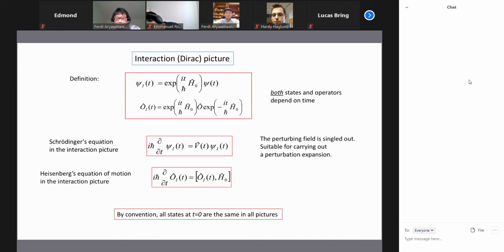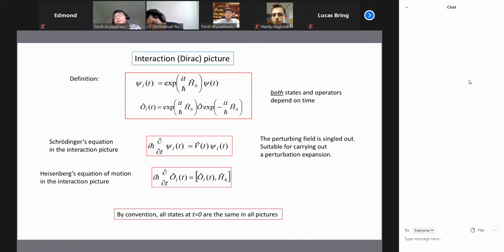So when we have a time-dependent potential, it is usually useful to work in what is called the interaction picture. It's kind of convenient to work in this interaction picture, or sometimes called the Dirac picture, because it was introduced, I think, by Dirac. And we'll see why this is the case. And this is particularly useful when we want to do perturbation theory.